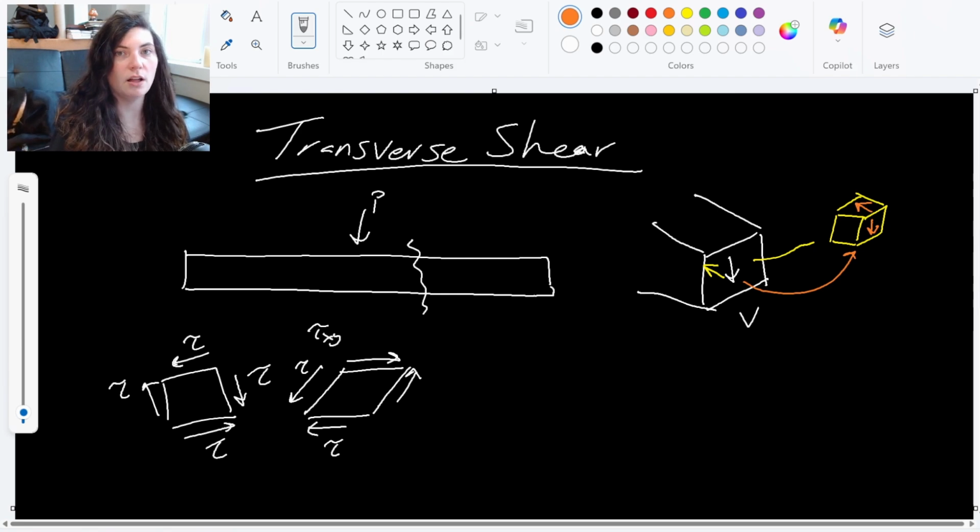So that's what we call transverse shear. That's the shear stress that's going through this beam in the longitudinal direction, right? So this is our longitudinal shear stress, and then our transverse shear stress is going back through the beam, right?